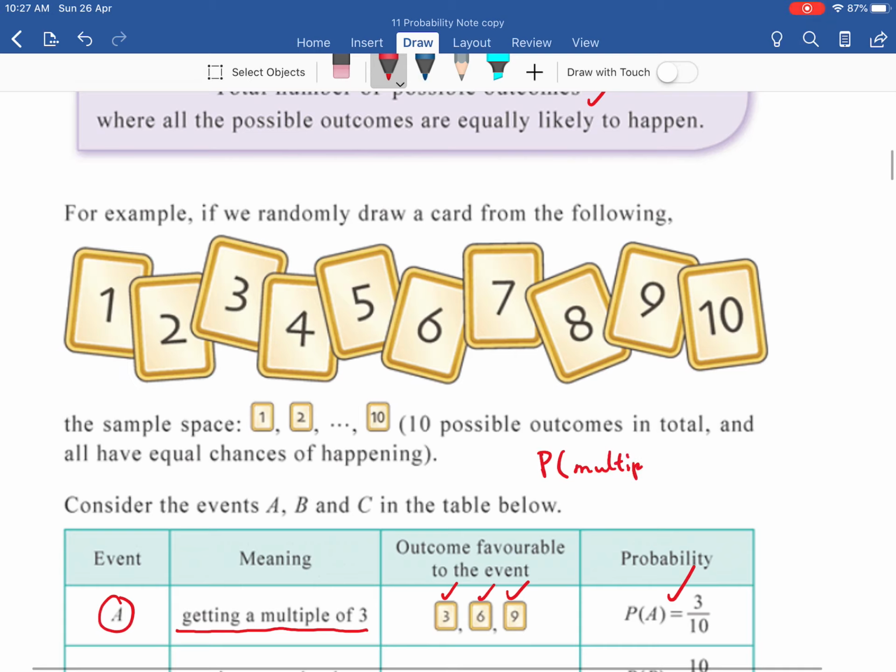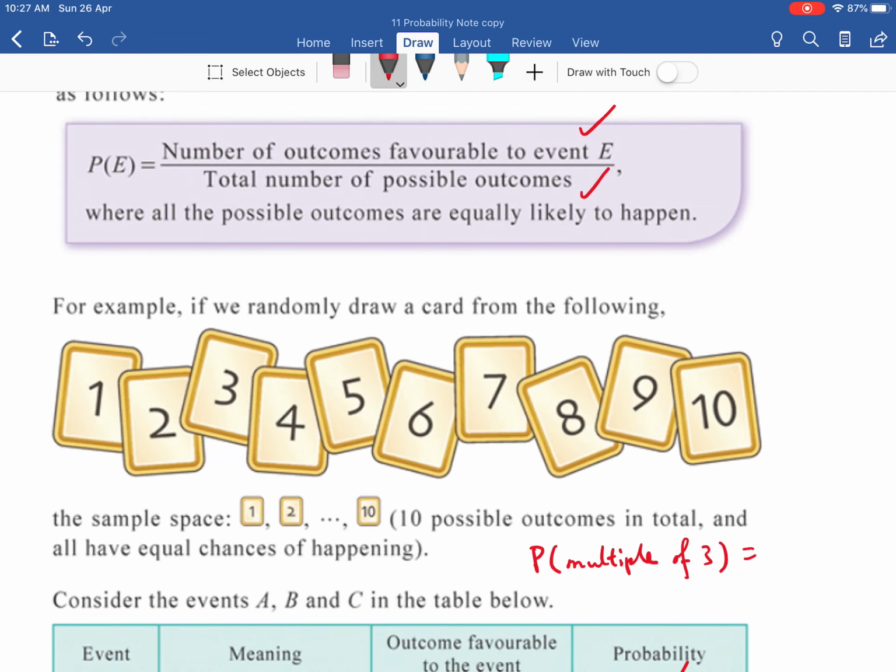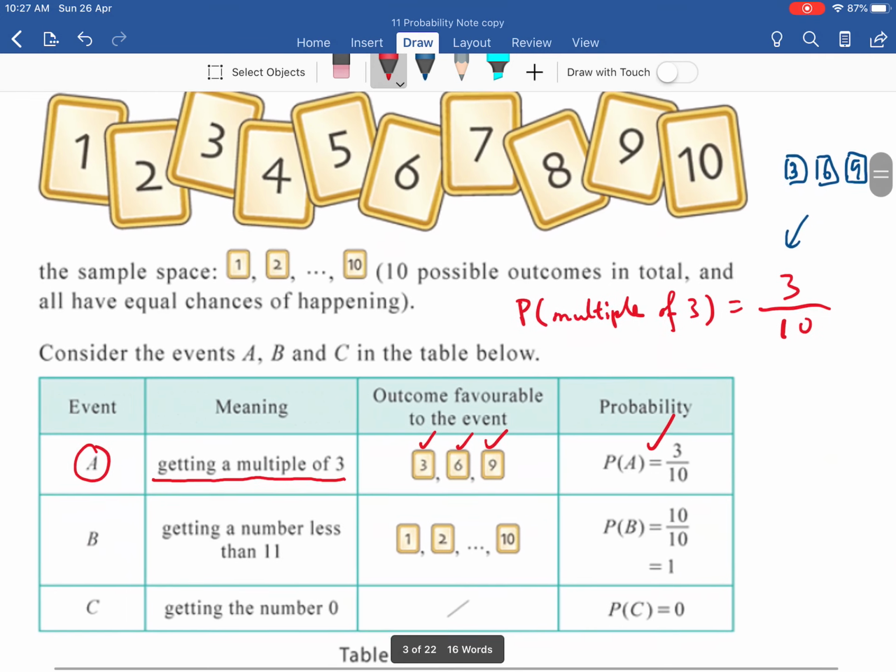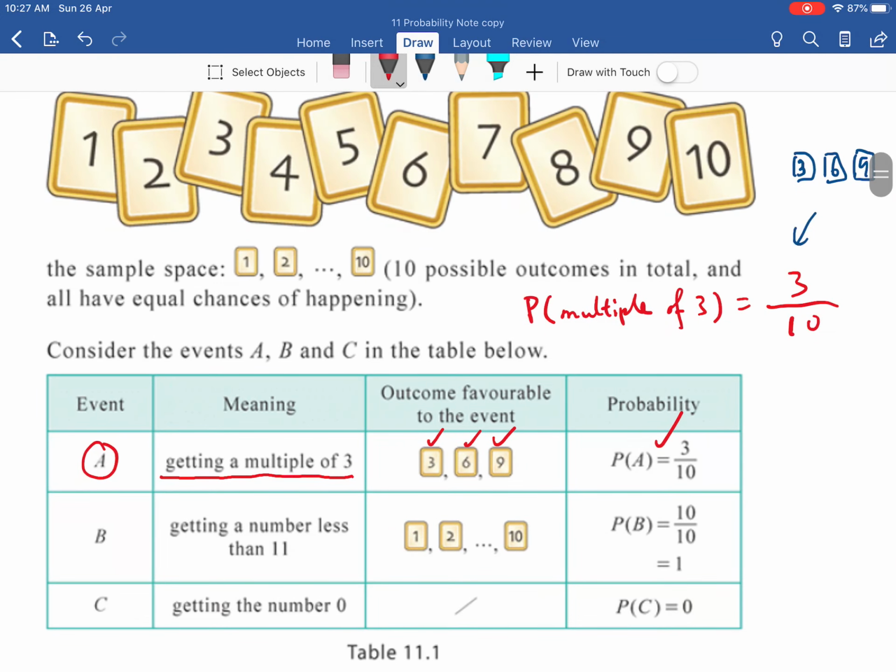In this case, the number of favorable outcomes is 3, which is 3, 6, and 9, and the number of possible outcomes is 1 to 10, that is 10.